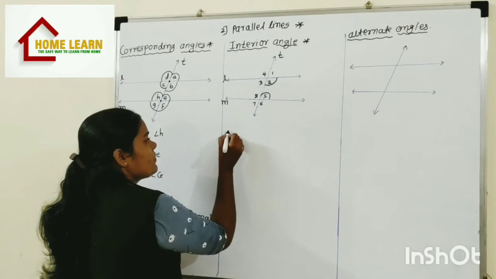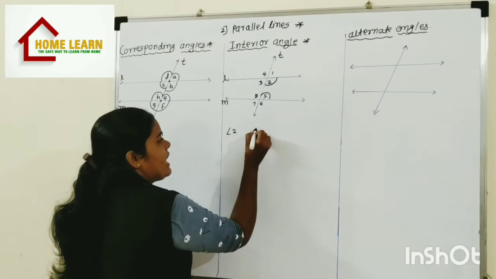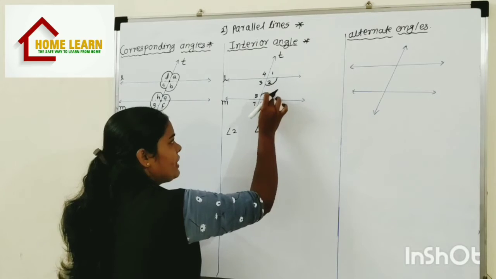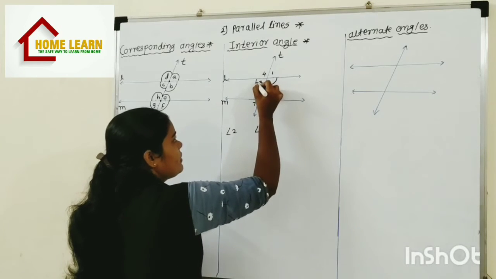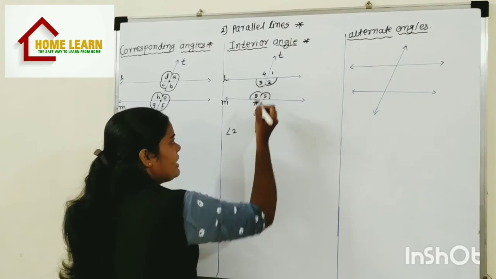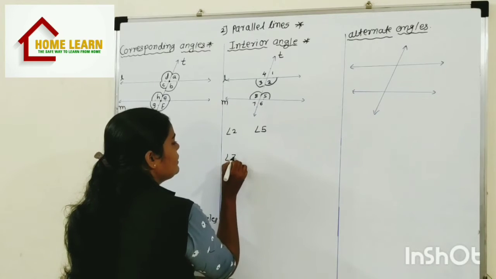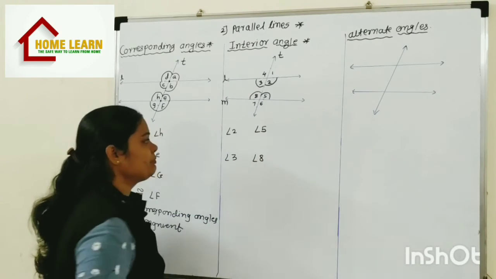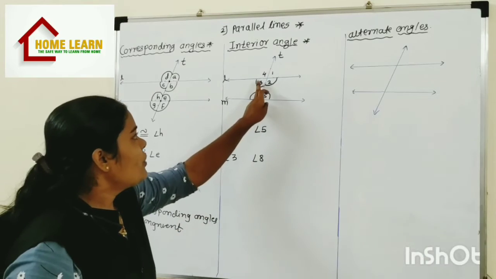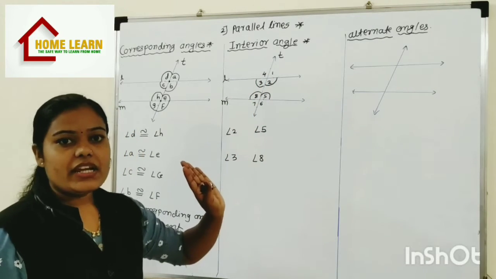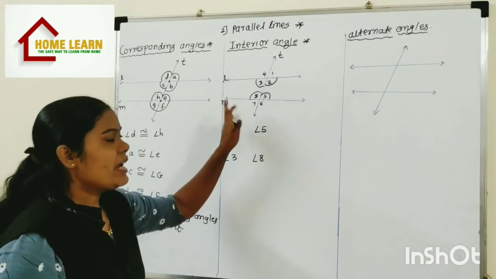Angle 2 and angle 5 are interior angles because they lie in the interior part. So write here angle 2 and angle 5. This is one pair. The second one is angle 3 and angle 8. Only 2 pairs of interior angles are formed within that figure.